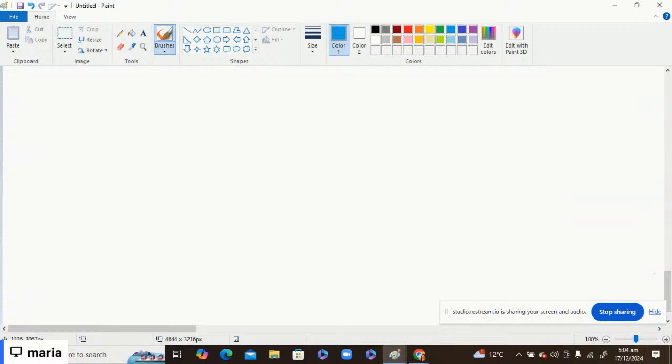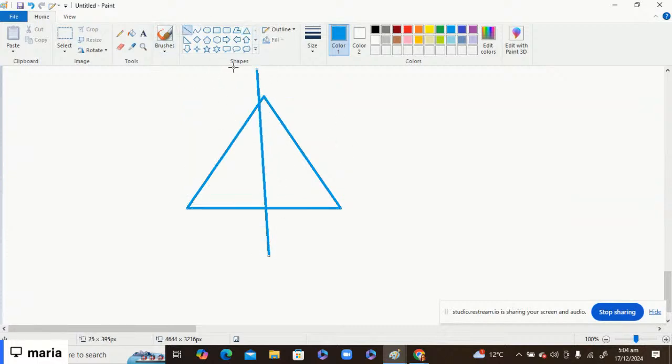For example, if I draw this triangle and split it into two equal parts, it is around the axis of symmetry. It is divided into two equal parts, so this is symmetry.